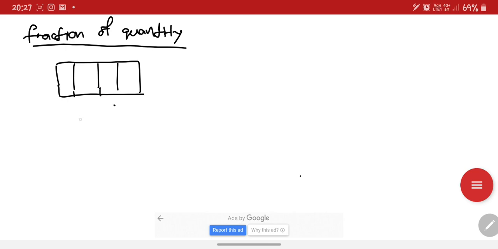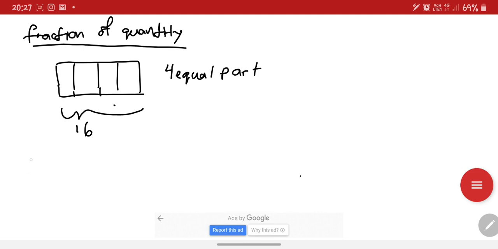You know that this box has 4 equal parts. But then it is said that the total of this box is 16.